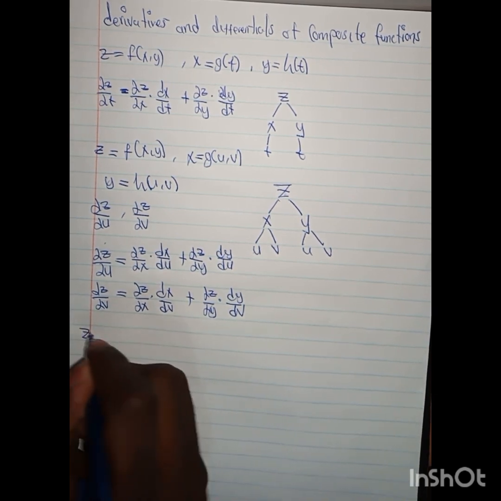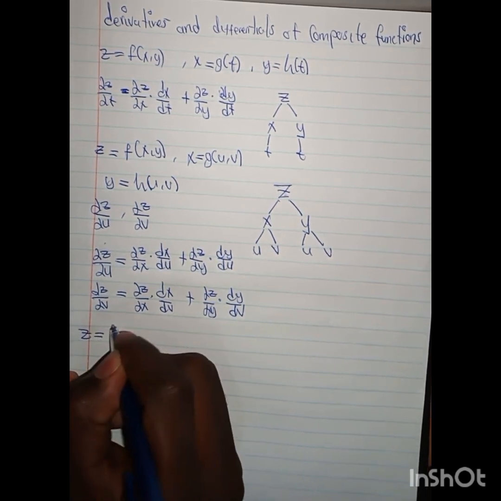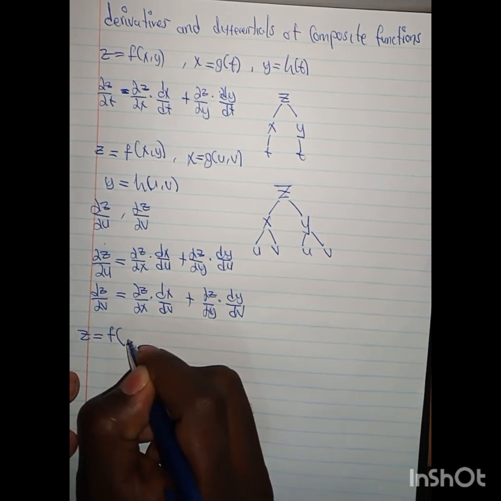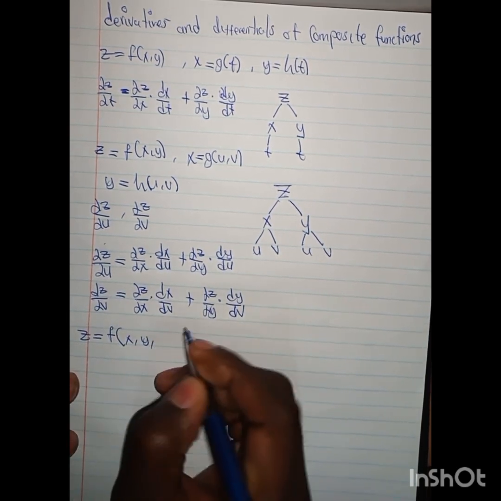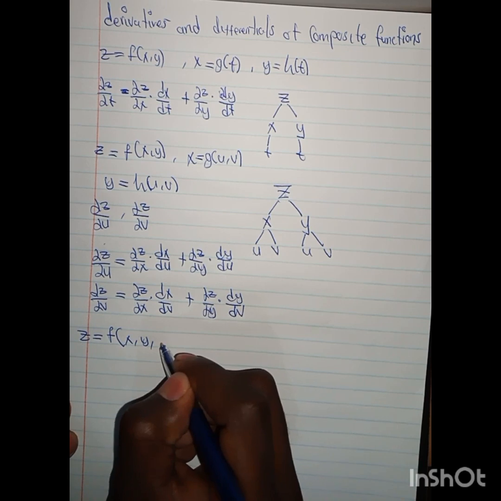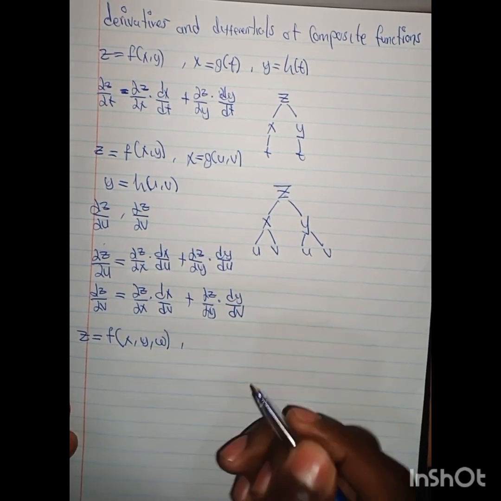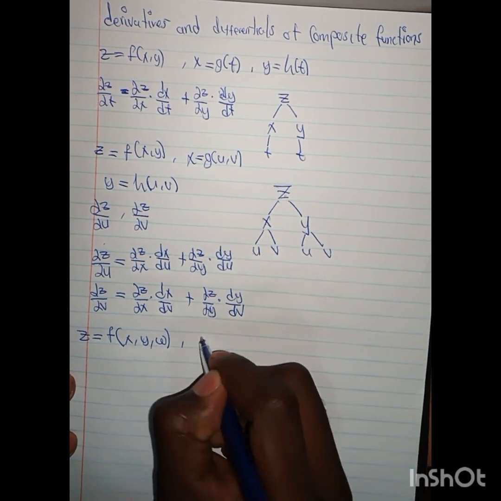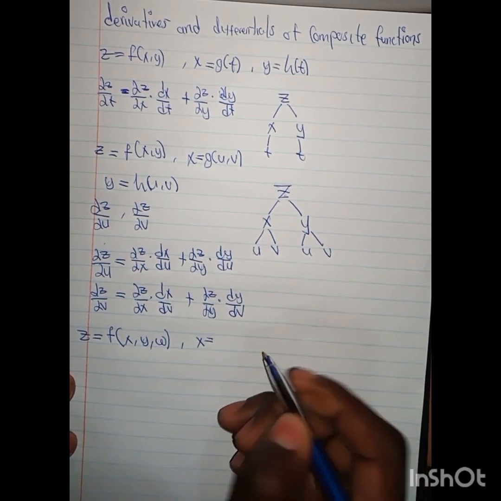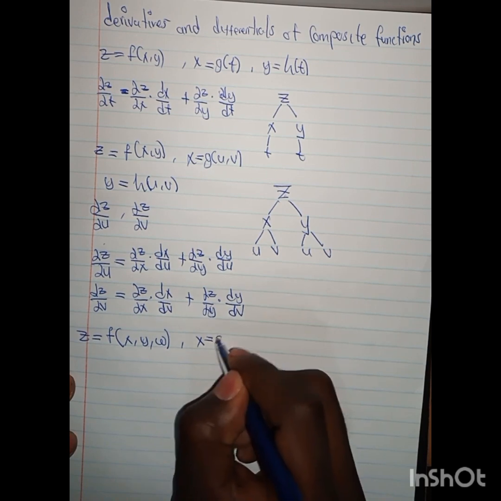So this information can be generalized as follows. So let me say now z is the main function which has the variables x, y, and w like this up to the last variable. Then we have the subfunctions x. Let me call it g.